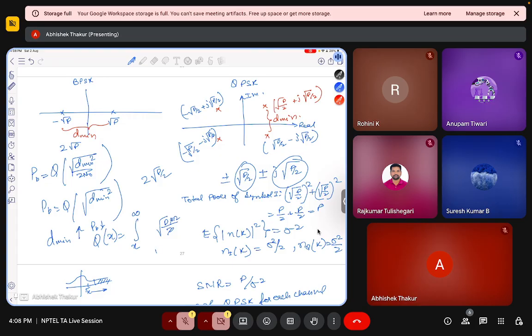So this is 1.4. Yes. So in QPSK the distance is less, so the error will be more. The bit error rate will be more here. Symbol error rate will be the same, but the bit error rate will be more because the number of bits is more here.